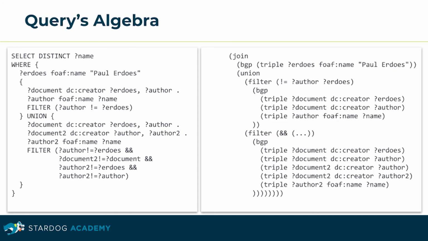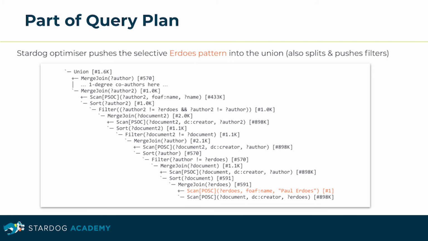So taking this query and looking at its algebra, we see a BGP triple with the name, union over two filters with additional BGPs and many other triples. But Stardog is not going to do the union of the author at the top. In fact, we're going to push this as far down as possible, as well as all splits and filters as we can, so that we can have very selective merges going all the way back up.